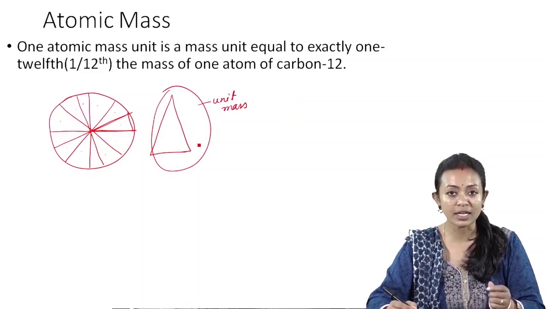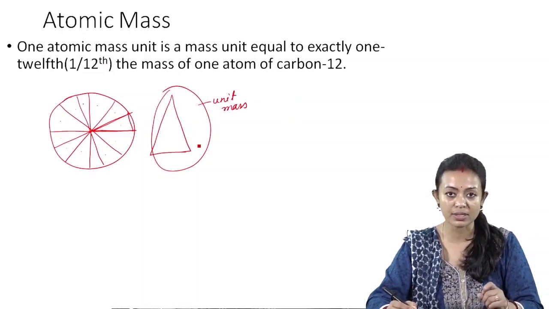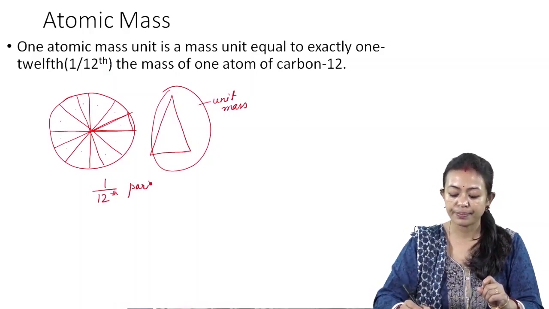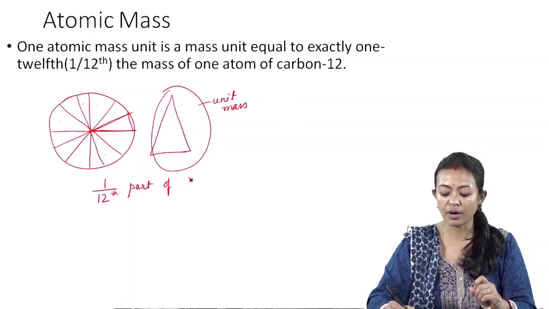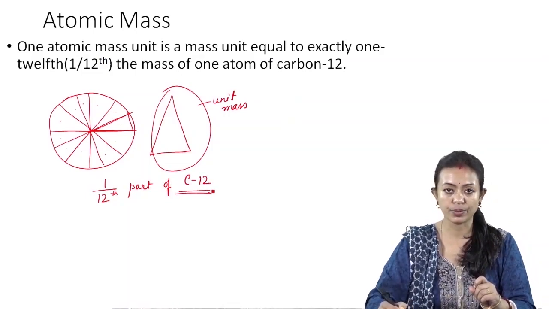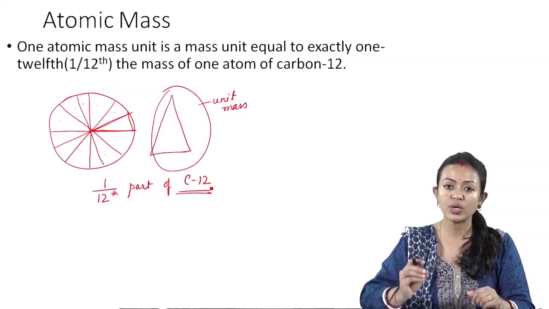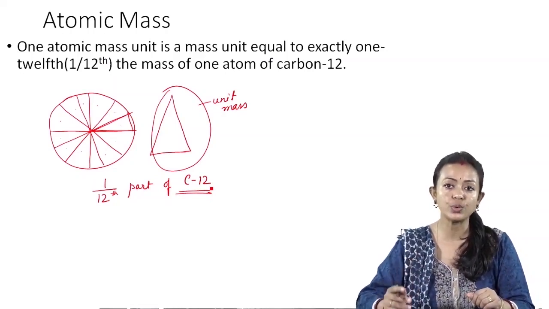So this is exactly what they did with atomic masses. They took 1/12 part of the carbon-12 isotope. The carbon-12 isotope was divided into 12 equal parts, and they took only one section as one unit.